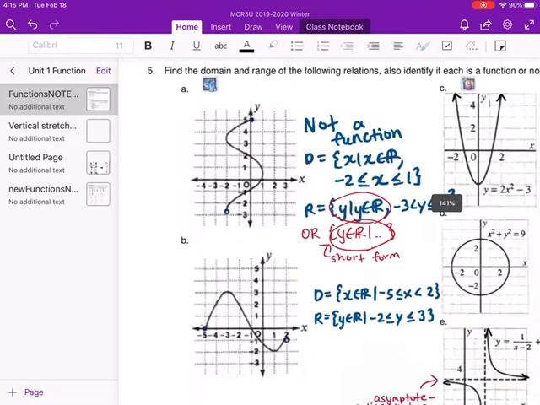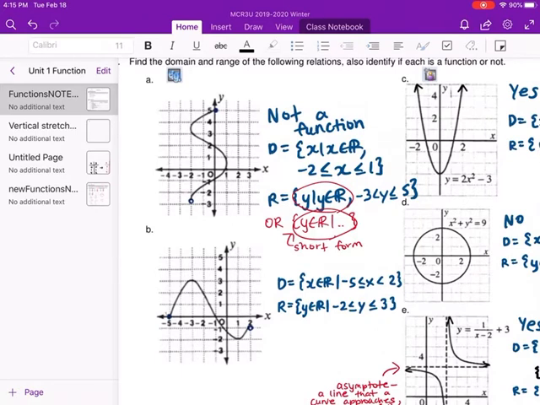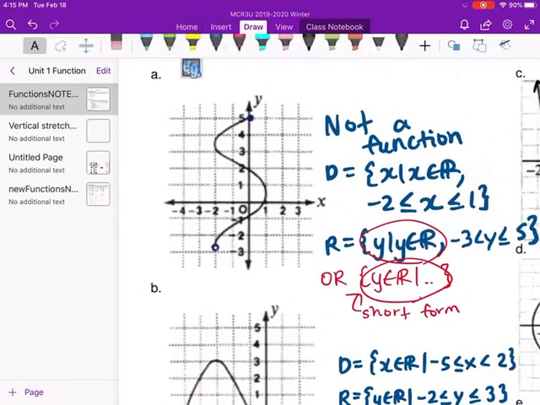And so writing the domain. I noticed that the domain of this part A is going to be from -2 to 1, because there is a coordinate at -2, so I'm going to include that value, and the 1 is the highest x value. When I look at the range, I notice that there's an open circle, and then it goes all the way up to a filled in 5.